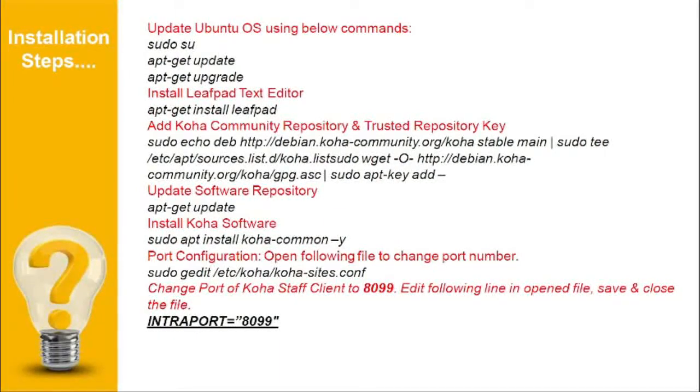So we installed Ubuntu operating system. After that, we upgraded that. We installed the text editor. We added the Koha community repository. We updated the software repository. Then we installed Koha Common. Port configurations were done.